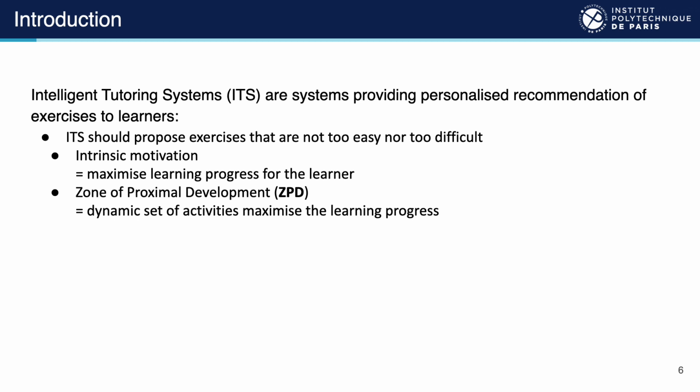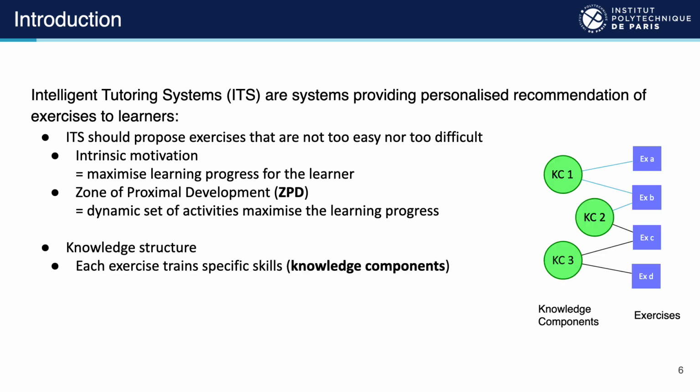So, for instance, we can look at how we can propose exercises that would be best for learners, that are not too easy, not too difficult. But to do that, we need to understand the knowledge structure.